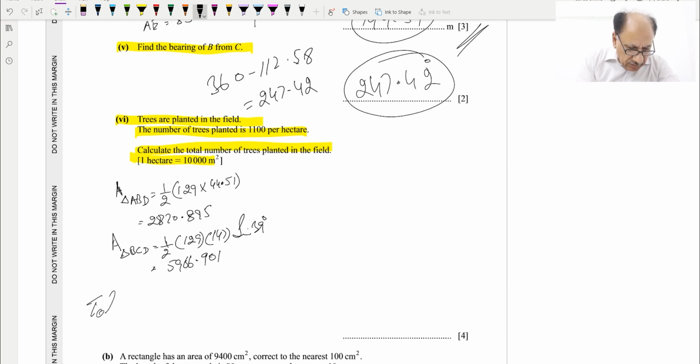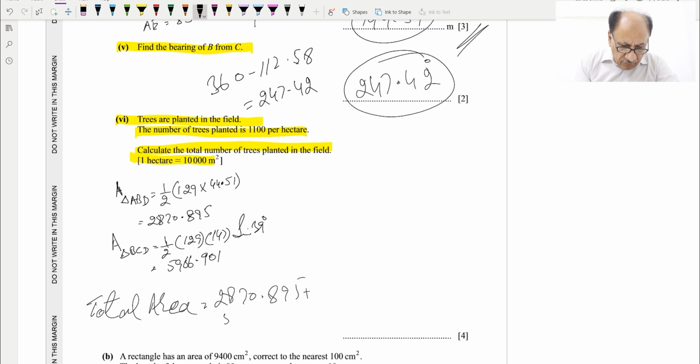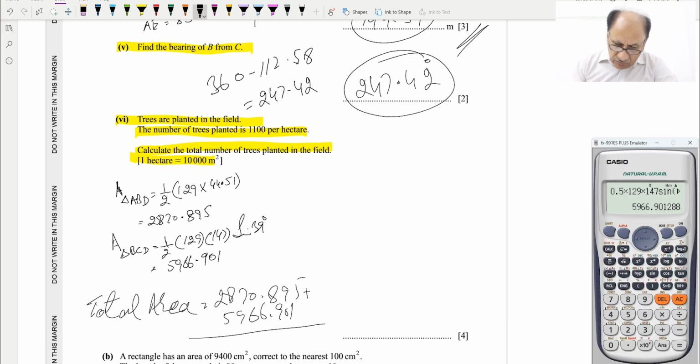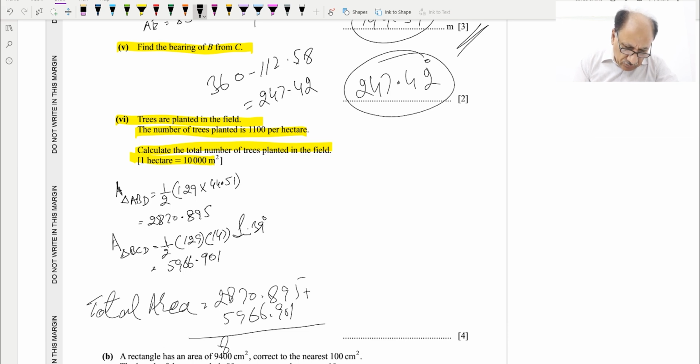So total area will be equal to 2870.895 plus 5966.901, and this is giving us 8837.796.